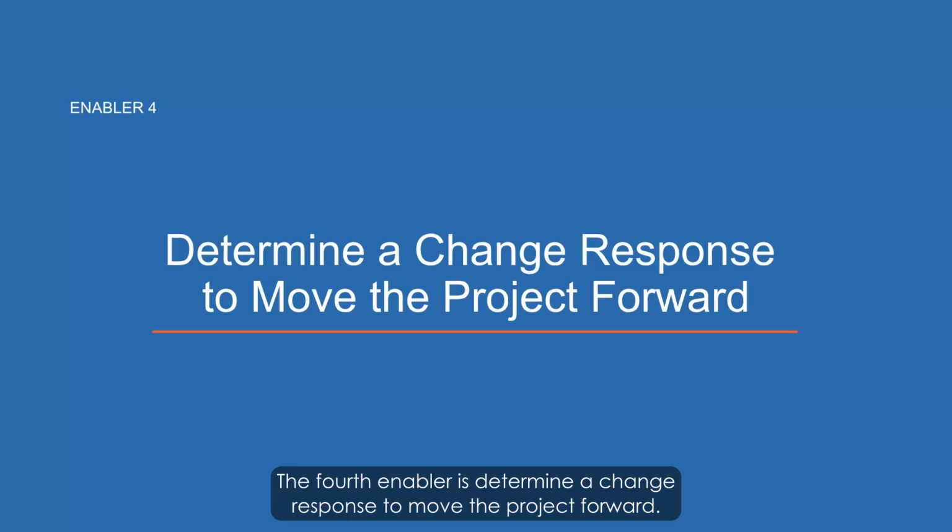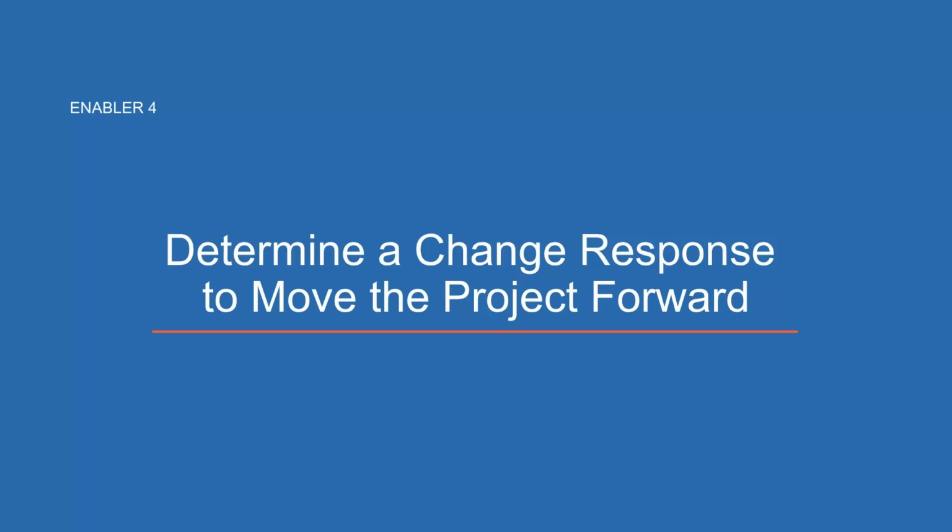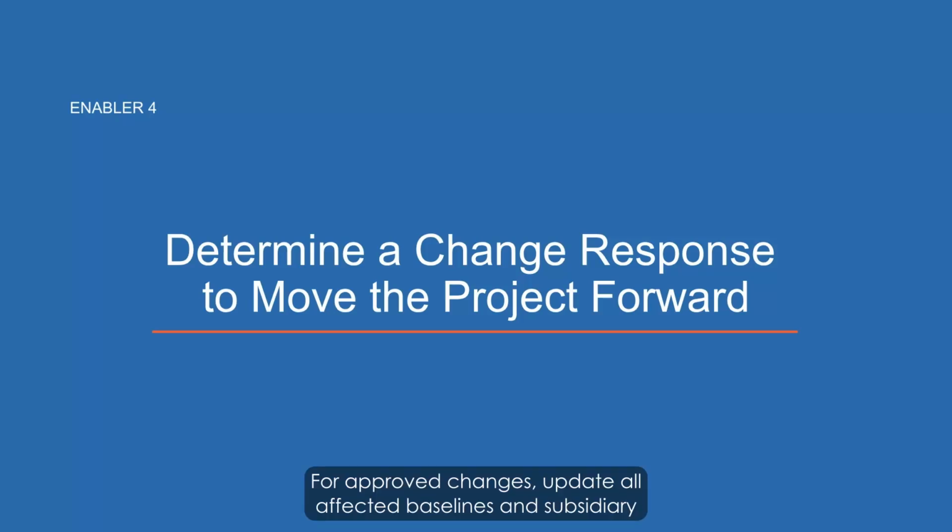The fourth enabler is determine a change response to move the project forward. After the CCB decides, approved or rejected, the PM responds appropriately. For approved changes, update all affected baselines and subsidiary plans, communicate the change to all impacted stakeholders before work begins, assign implementation responsibility, and monitor execution.